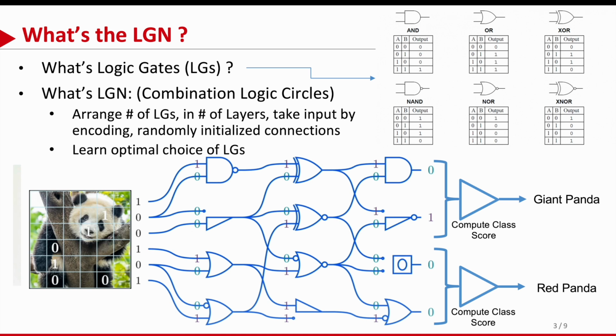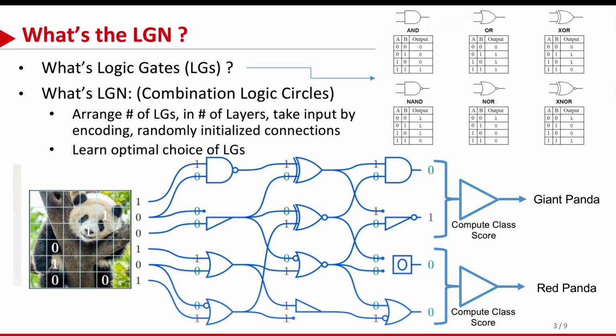So what are logic gates? As you can see on the right, these are the truth tables for logic gates like AND, OR, XOR, NAND, etc. In a logic gate network, we have a number of logic gates at each layer. The idea is that throughout the network, we learn the optimal choice and combination of various types of logic gates.